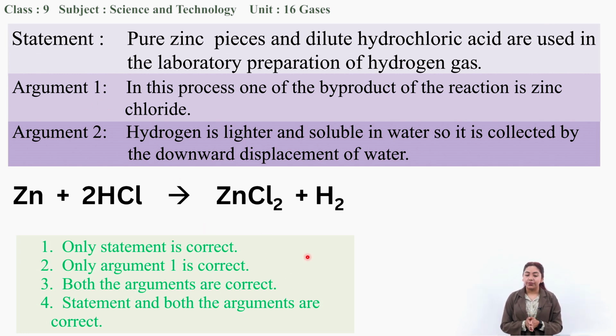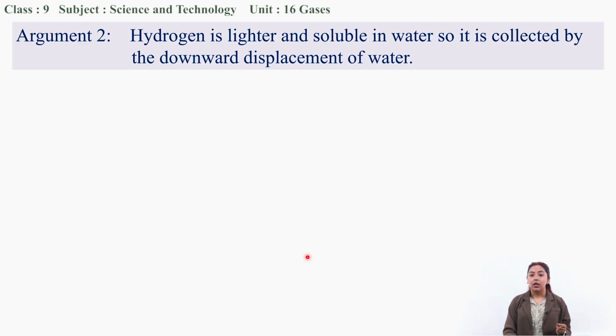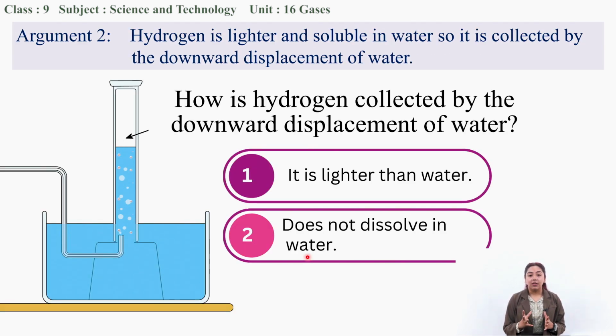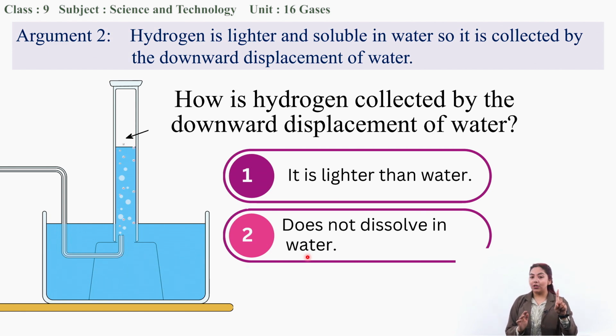Now argument 2. Hydrogen is lighter and soluble in water, so it is collected by downward displacement of water. Now let us look at this in detail. I mentioned this earlier, there are 2 major properties due to which hydrogen can be collected by downward displacement of water. The first one is it should be lighter than water, and the second is it should not dissolve in water. So these are the 2 properties, and hydrogen has these 2 properties. So it is lighter than water, and the argument states that it is lighter than water, so that is right.